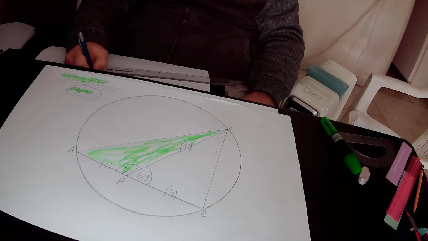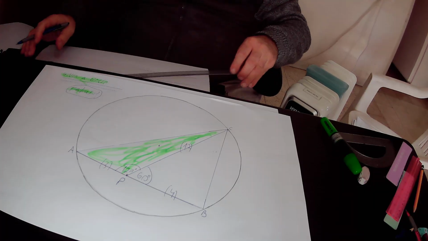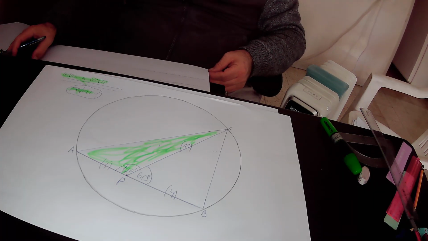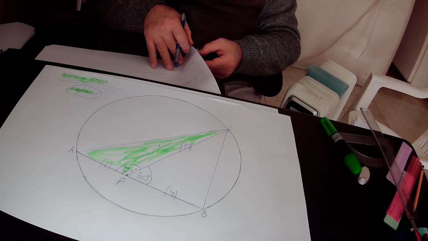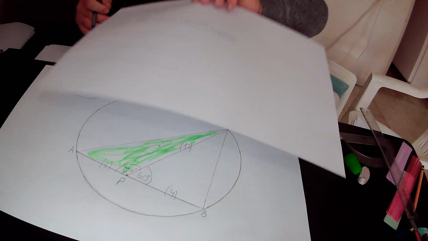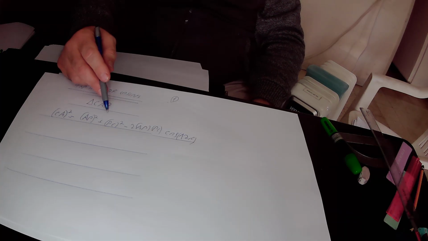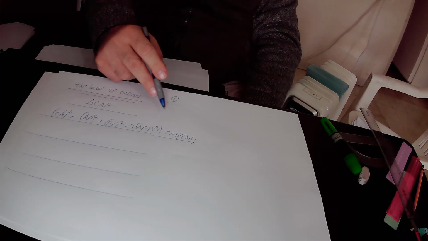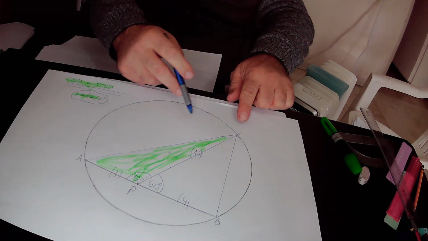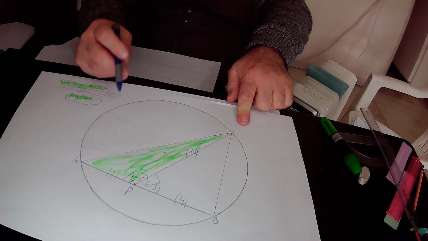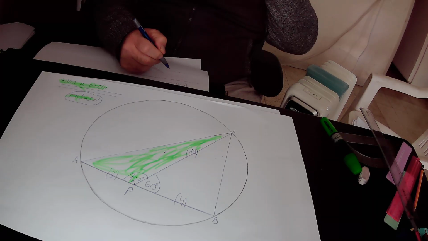And again, in this triangle CAP according to the law of cosines, the following equation is true. CA squared equals AP squared plus PC squared minus 2 times AP times PC times cosine 120 degrees. CA is the missing side, so we leave it as CA squared, which equals AP squared.